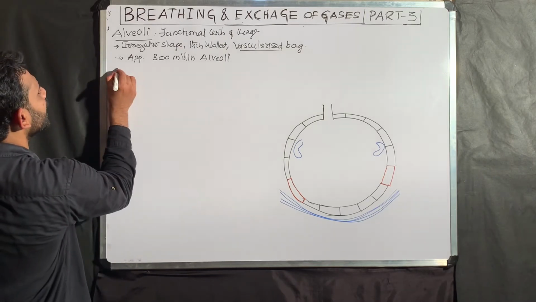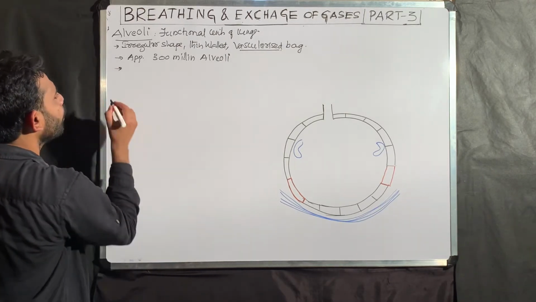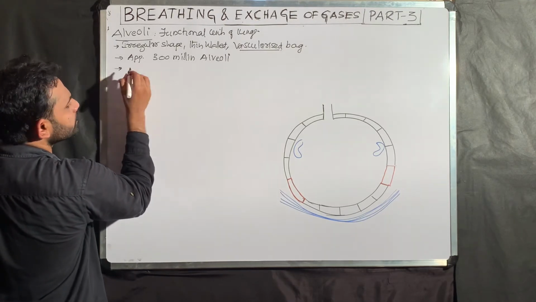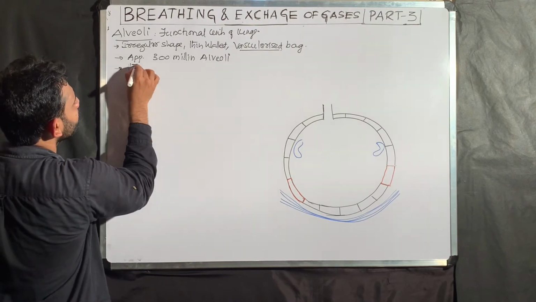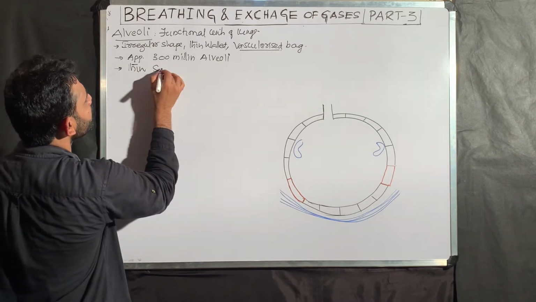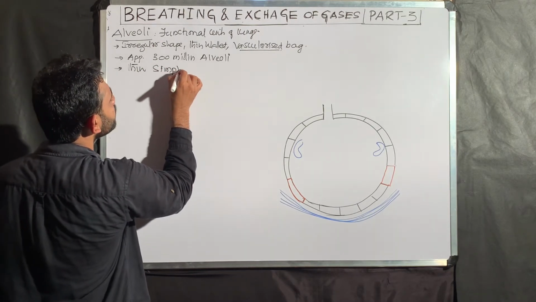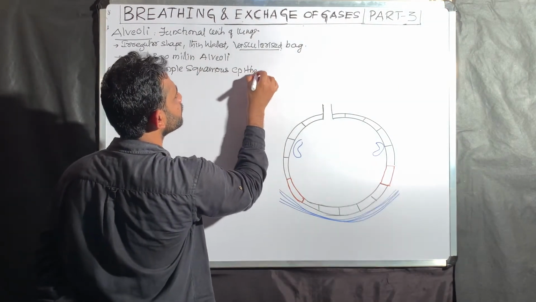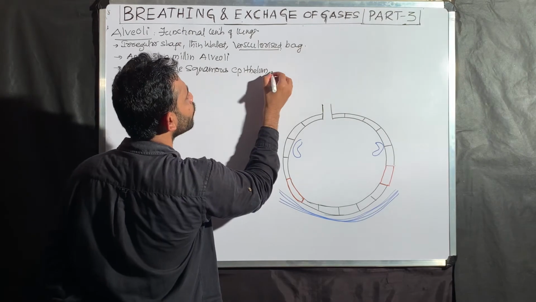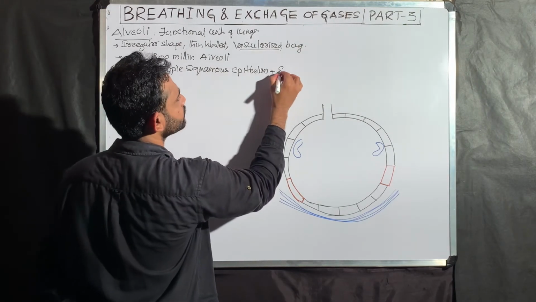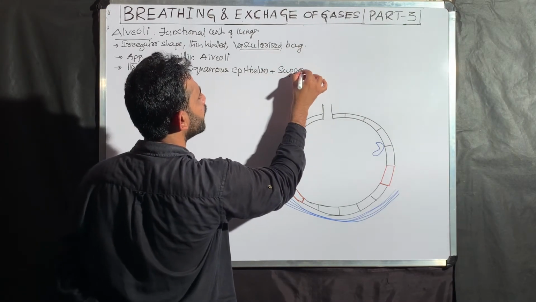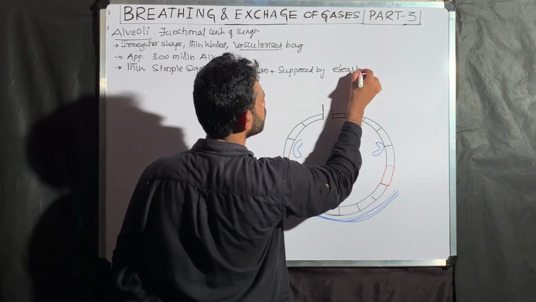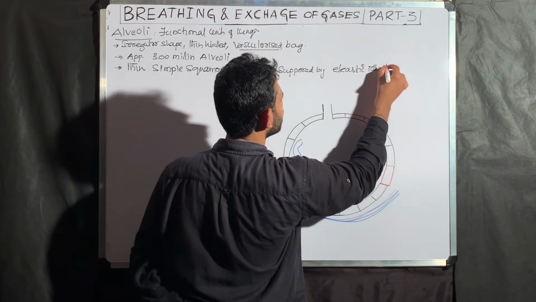Okay, these alveoli are made up of thin simple squamous epithelium, supported by an elastic membrane.